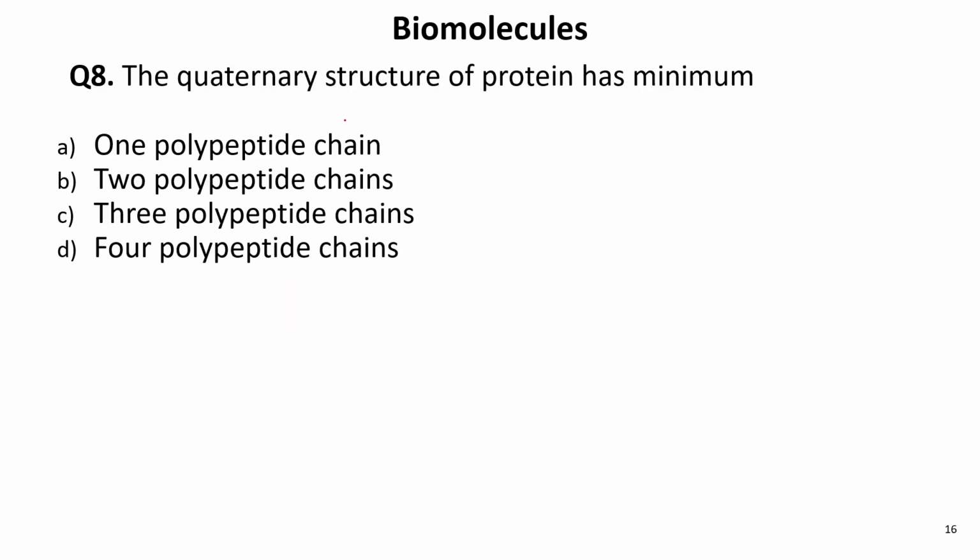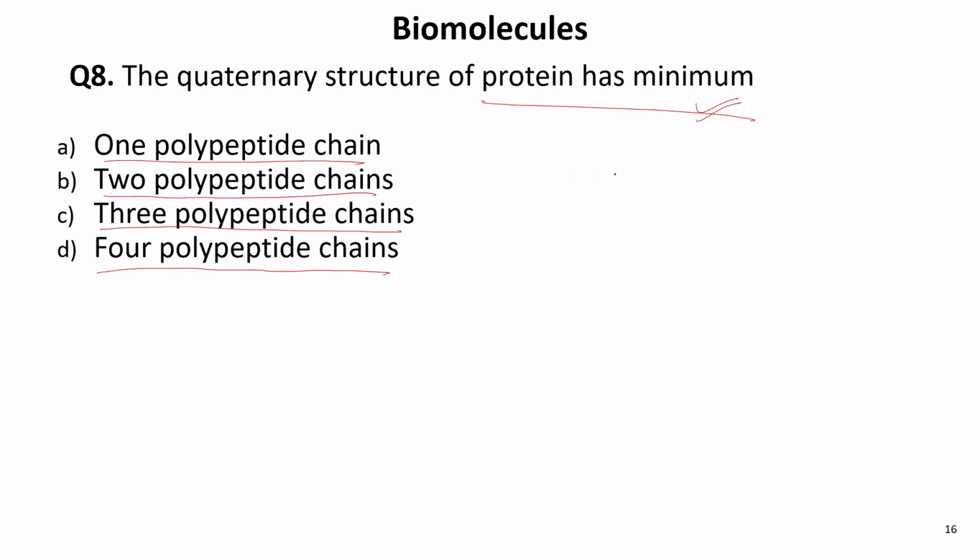The quaternary structure of the protein has a minimum of 1 polypeptide chain, 2 polypeptide chains, 3 polypeptide chains or 4 polypeptide chains. Here they have asked the minimum number of polypeptide chains required to form a quaternary structure.